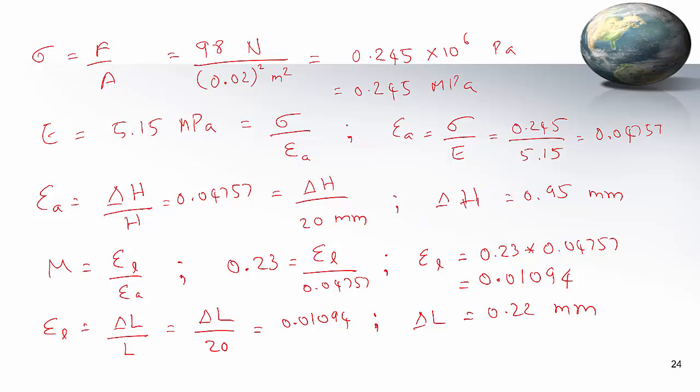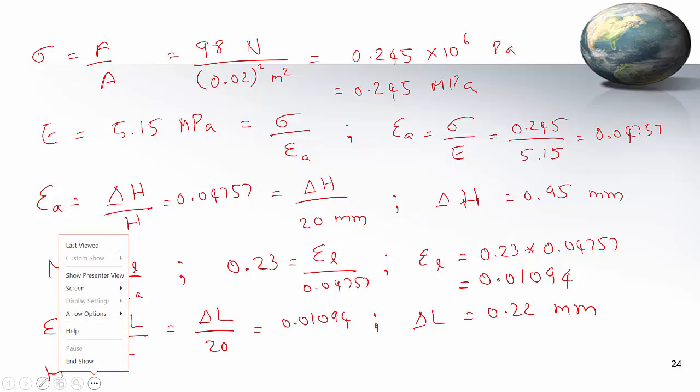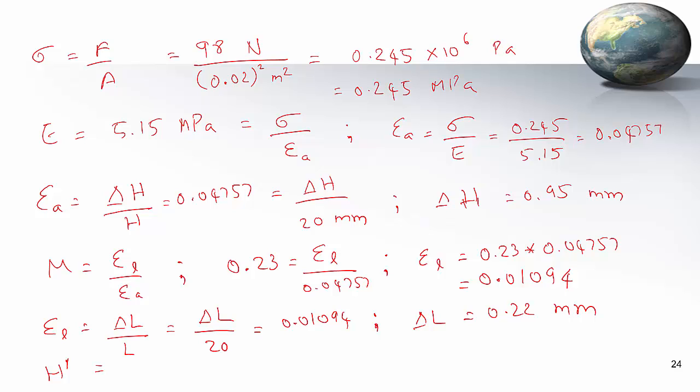So the new height is equal to the original height minus delta H, right? Because it's compression. So that is equal to 19.05 millimeter.